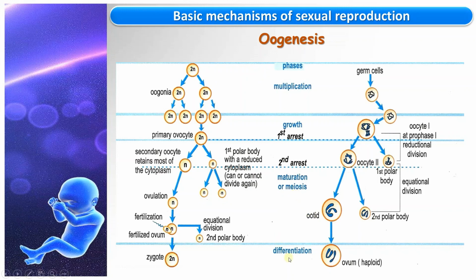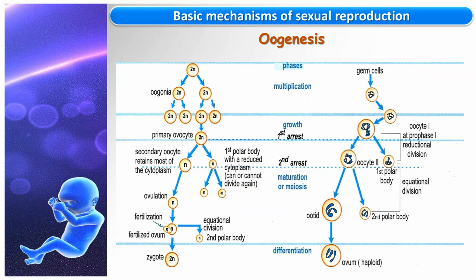Now, the last phase of oogenesis is called differentiation, by which the ootid differentiates and evolves to become an ovum. And when the sperm cell and the ovum unite, we obtain the zygote having 2N chromosomes.